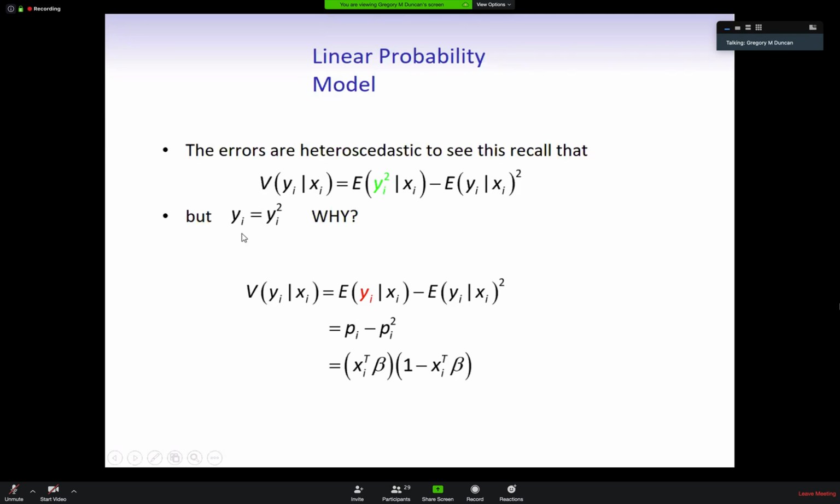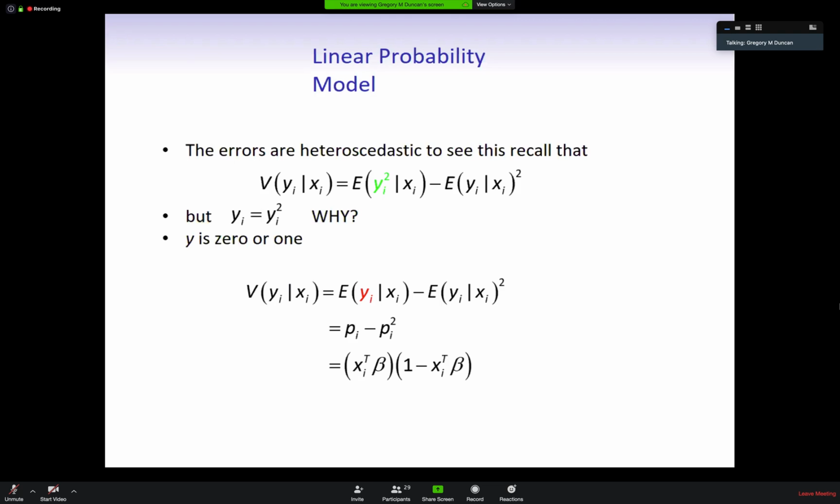But, and I mentioned this in passing before, but I really want to harp on it now, yi equals yi squared. Why is that? It's because y is 0 or 1. 1 squared is 1. 0 squared is 0.